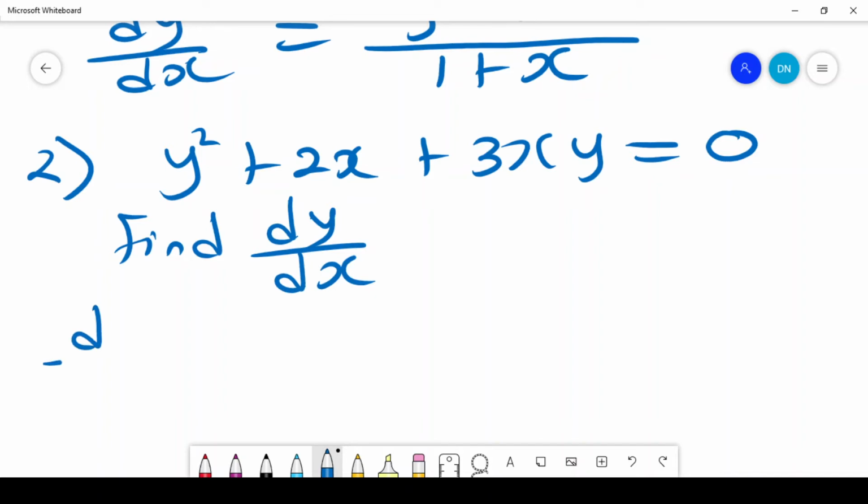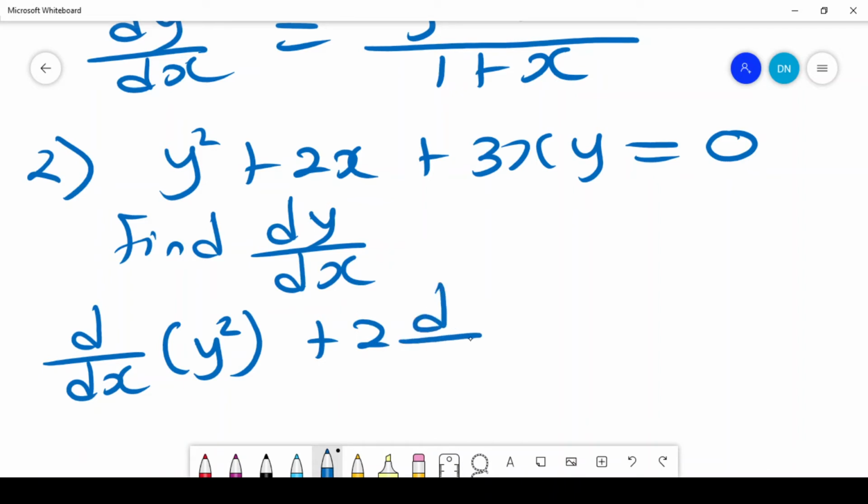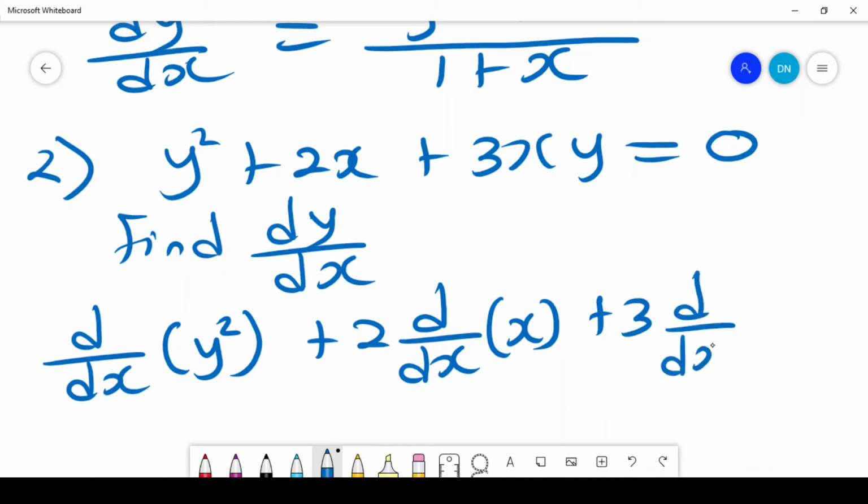So I'm going to look for d/dx of y squared plus 2 d/dx of x plus 3 d/dx of xy, and that will add up to 0.